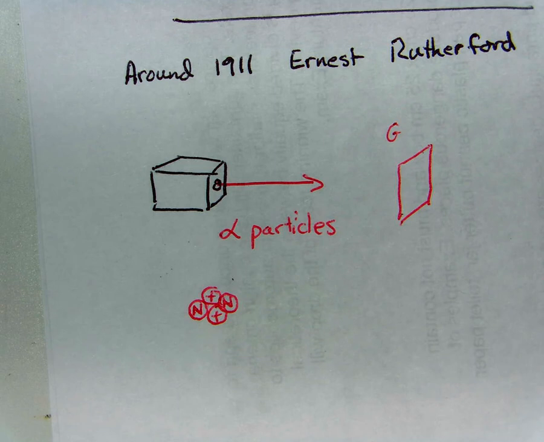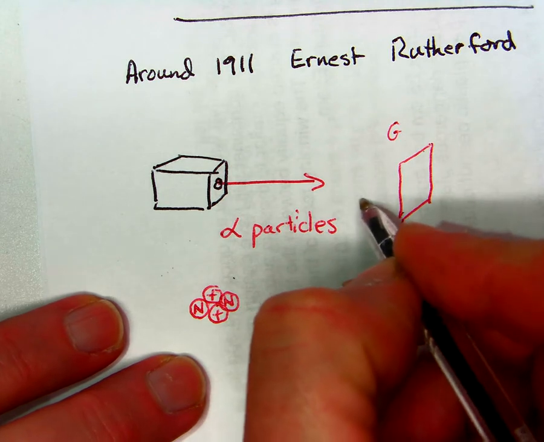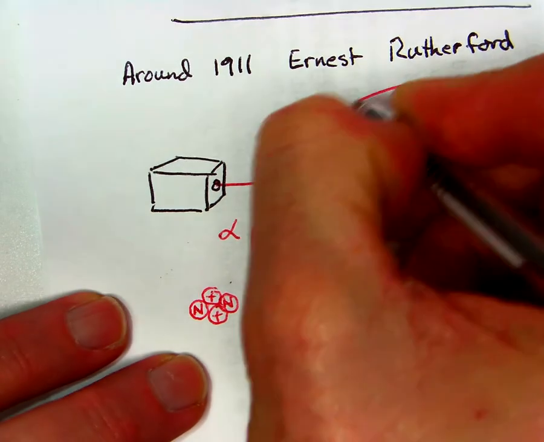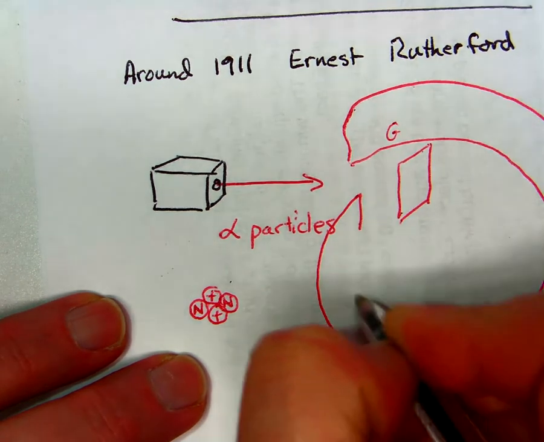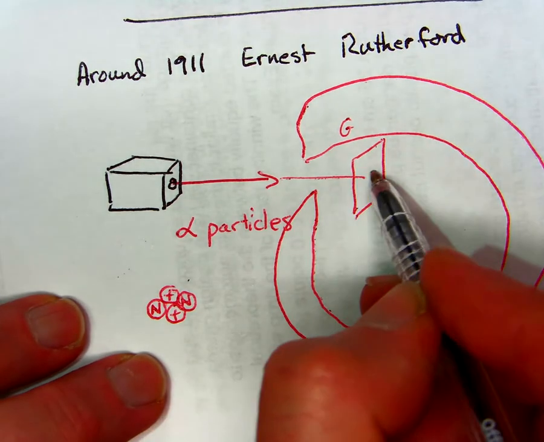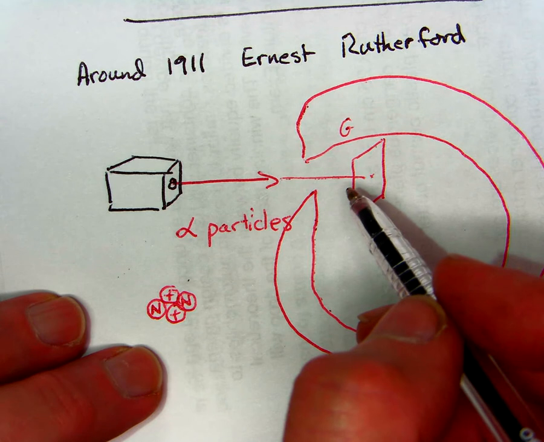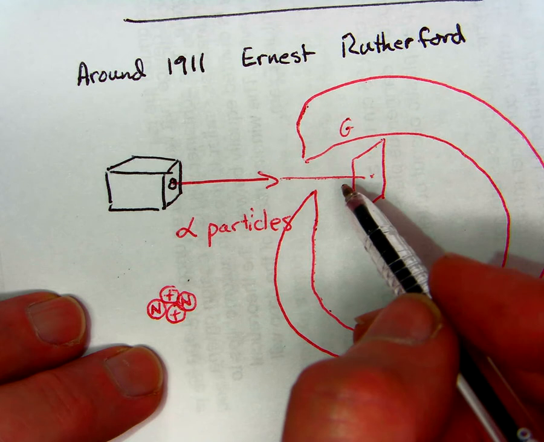and what he noticed happening was, and around this foil, he put a screen that kind of went all the way around it that would detect when the particles hit. So the particles hit here, and what happened is that a lot of it got scattered.